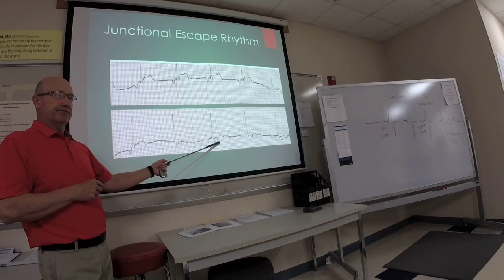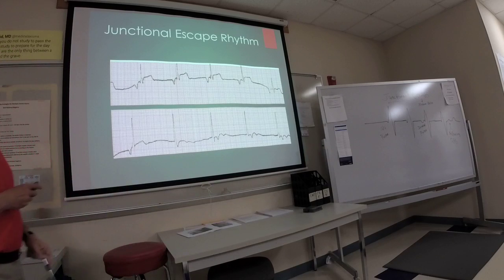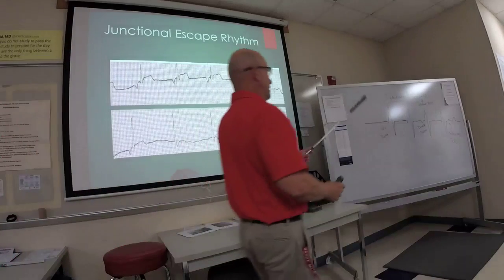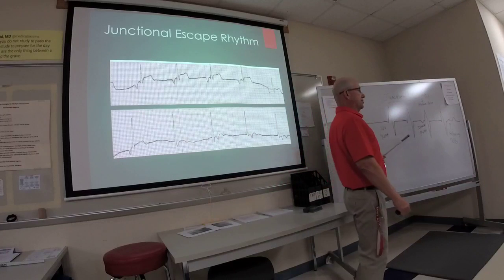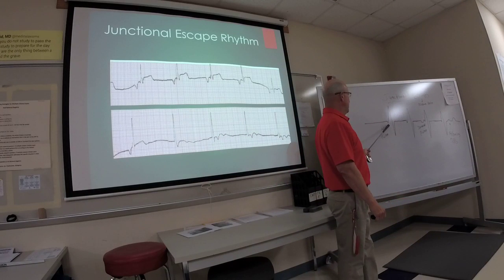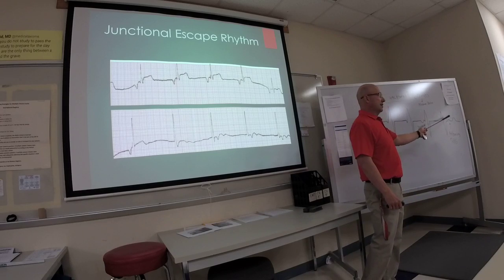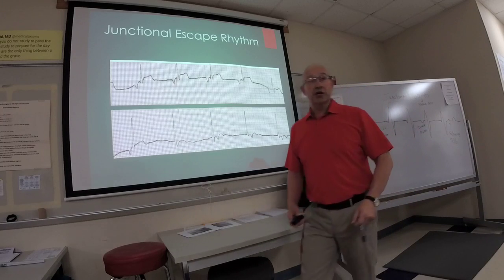Is that confusing, or does that make sense? It's good. I think it's more like the identification. Yeah. What it is. Don't worry too much about the escape beat or whatever. You just want to, this is your go-to for a junctional rhythm, okay? No P wave, inverted P wave, following the QRS complex.